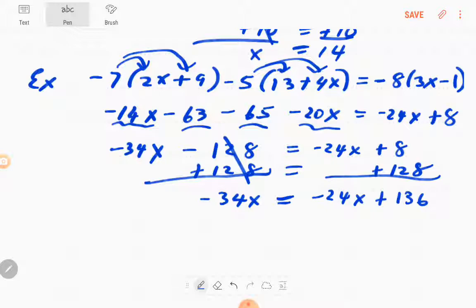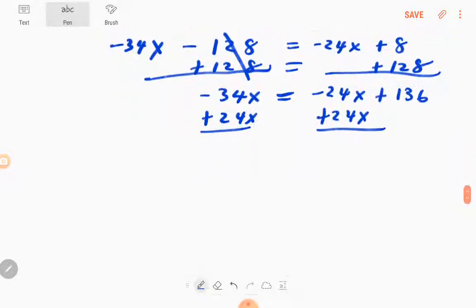And then I want to move the x's to the left, so I'm going to add 24x to both sides. And so these two cancel out. Now it's minus 10x is equal to 136.